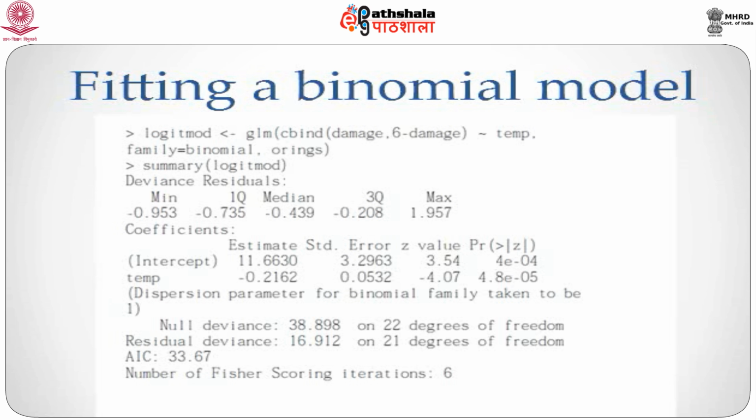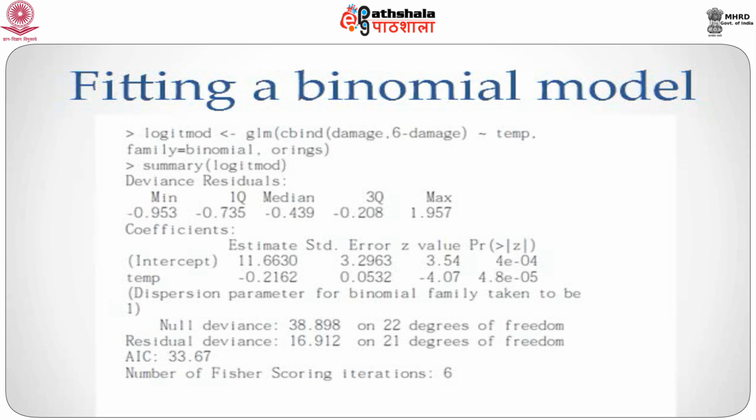So in the first line of this code, we have fitted the model logit-mod using the GLM function in R. The syntax for doing this is GLM. The outcome has been represented as cbind, which is bind as columns, damage and 6 minus damage. Now note that for each shuttle there are 6 O-rings, and damage gives the number of damaged O-rings.